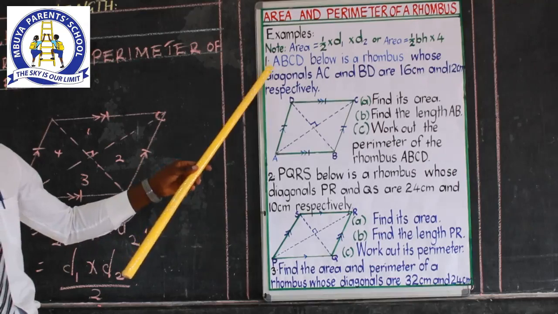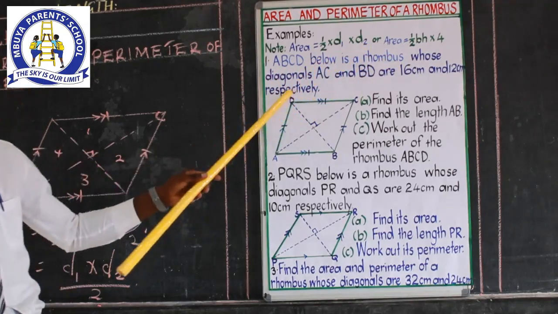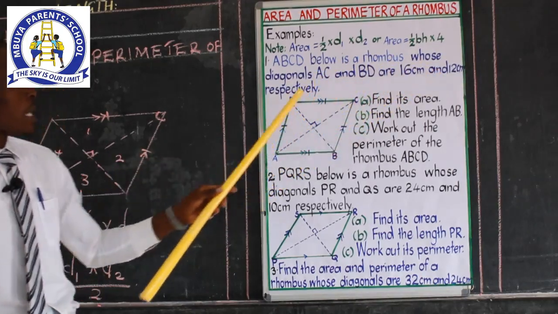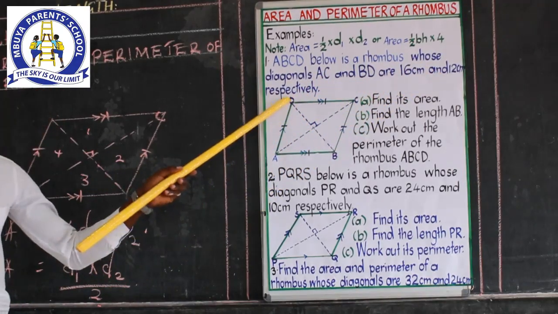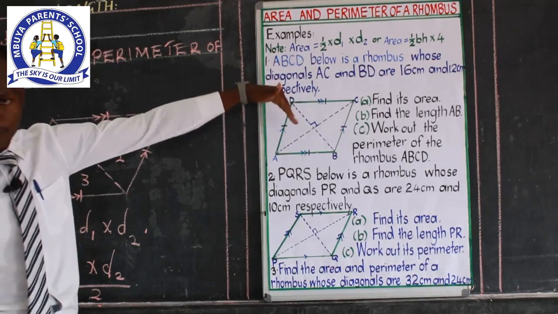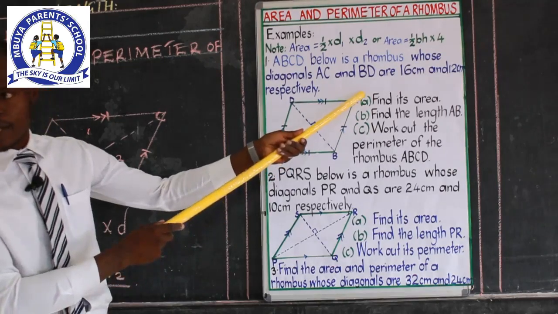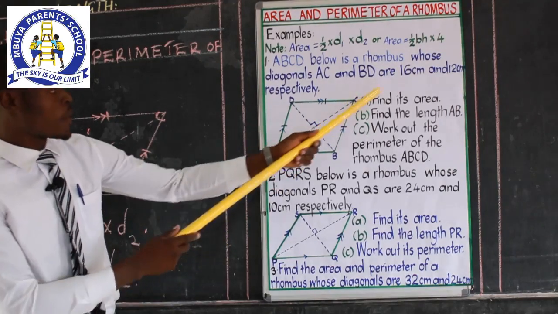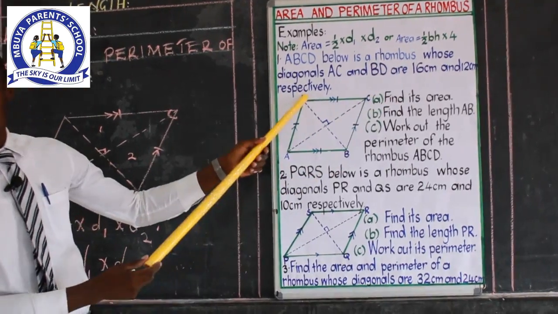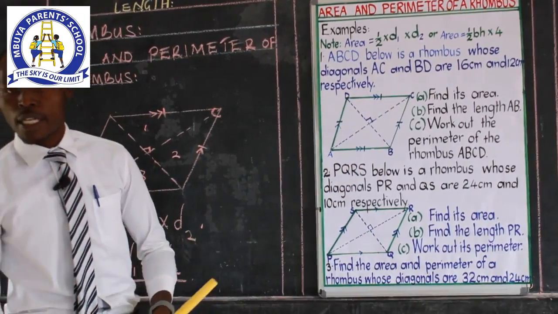Question number 1: ABCD below is a rhombus whose diagonals AC and BD are 16 centimeters and 12 centimeters respectively, in that order. So this is our figure, the rhombus. We've seen that diagonal AC, which is our major diagonal, or the long diagonal, is measuring 16 centimeters, whereas diagonal BD, which is our diagonal 2, or the minor diagonal, is measuring 12 centimeters.